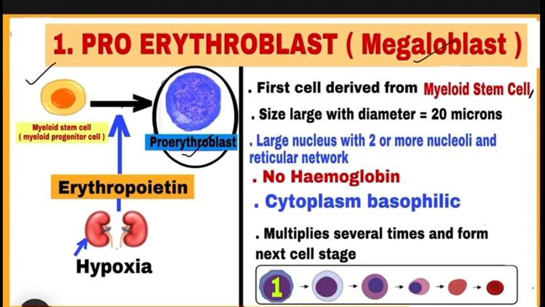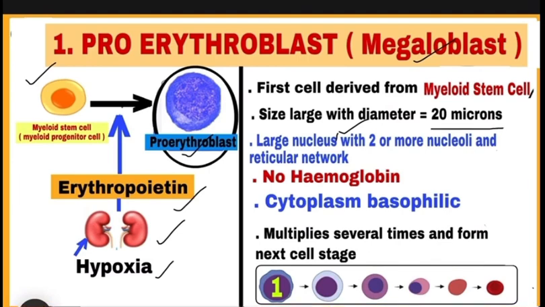This step of erythropoiesis is stimulated by a protein hormone called erythropoietin, which is mainly secreted by kidney in response to hypoxia. It is a condition when oxygen level is less in the tissue. This proerythroblast is the largest cell among all stages and has diameter equal to 20 microns.